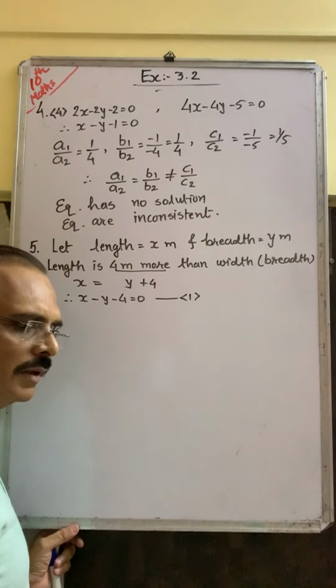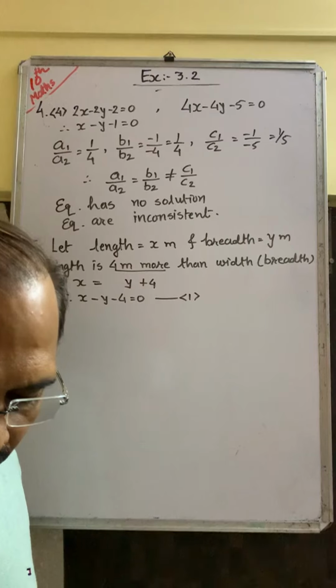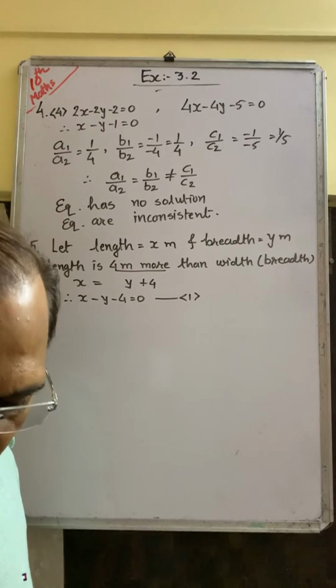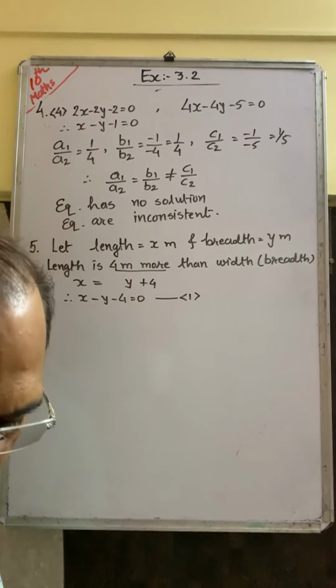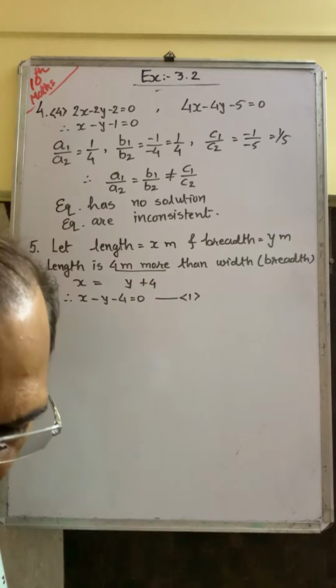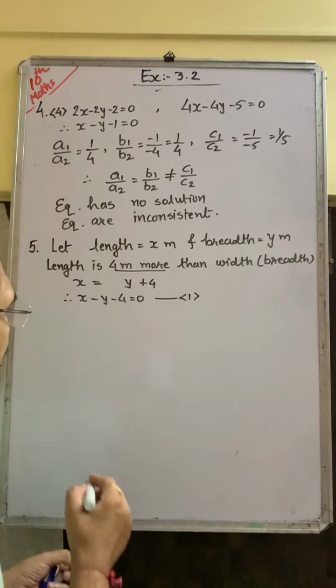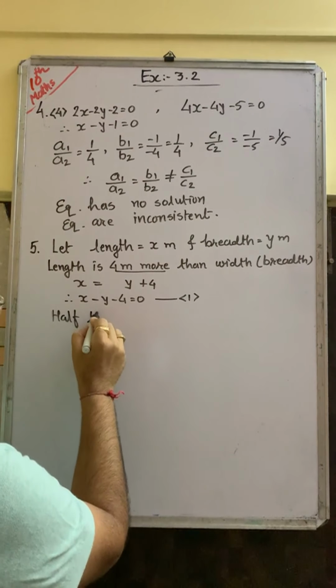First equation. Now again read the statement. Half the perimeter of a rectangular garden whose length is 4 meters more than its breadth. Half the perimeter is 36 meters.